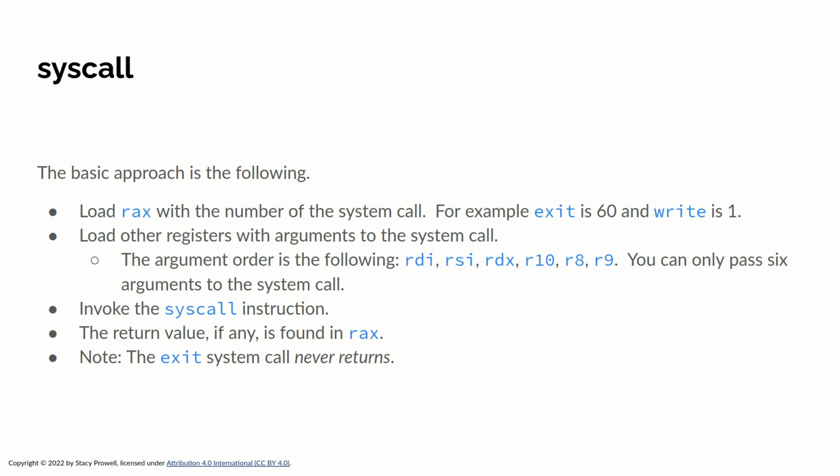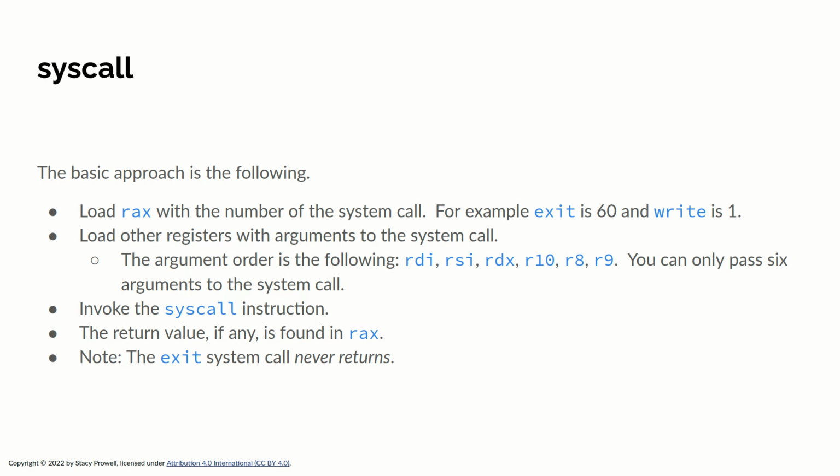You load other registers with arguments to the system call. Those other arguments go in RDI, RSI, RDX, R10, R8, and R9 in order. So if a system call had 3 arguments to it, they would go in RDI, RSI, and RDX.